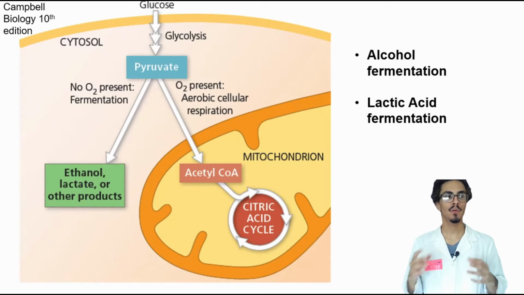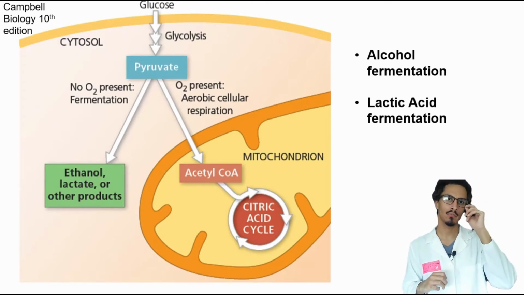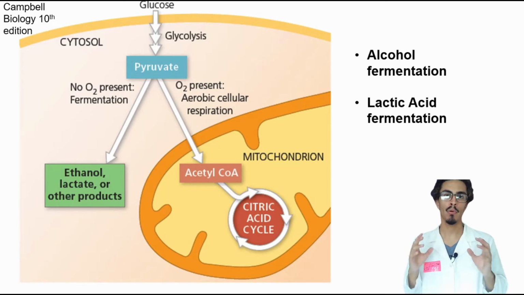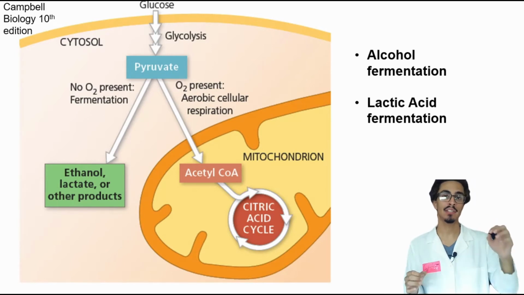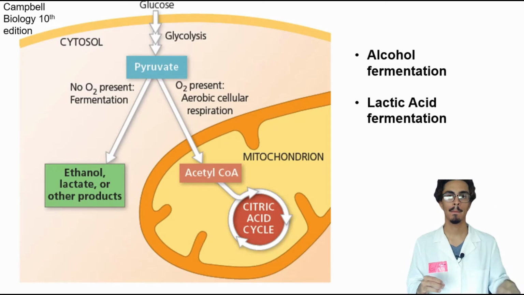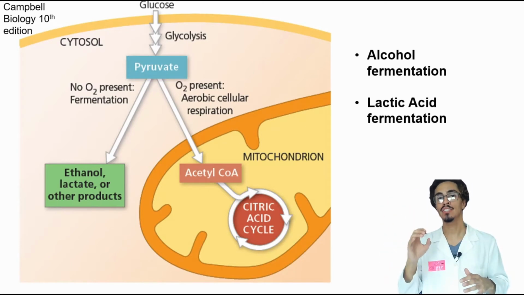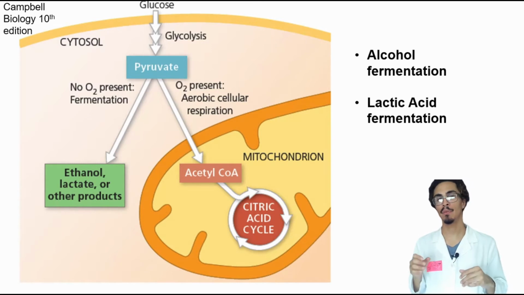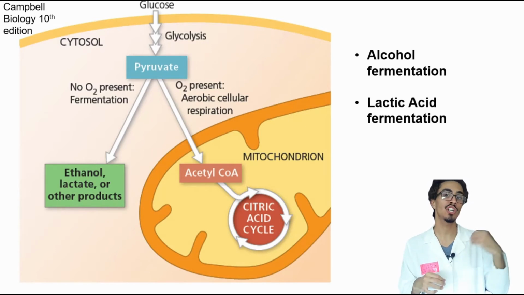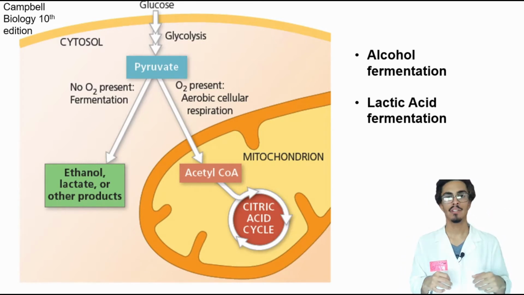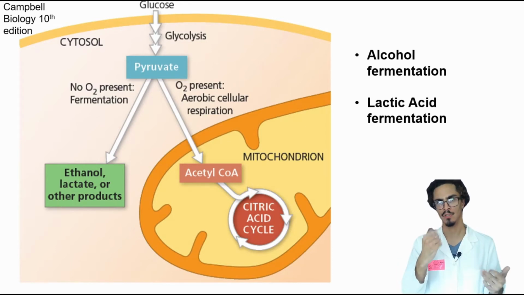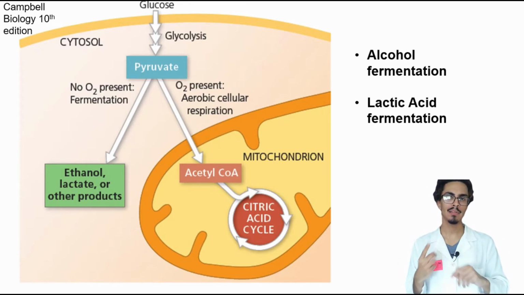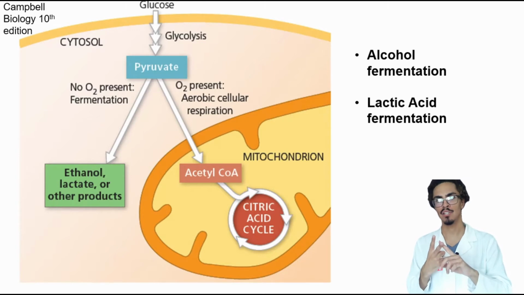So how does fermentation regenerate that NAD+ that's needed for glycolysis? Remember, glycolysis is an important part of fermentation because it generates the energy for the cell. Well, after glycolysis, there's a series of chemical reactions that vary depending on the type of fermentation that will actually regenerate the NAD+. Today I will only be talking about 2 types of fermentation: alcohol fermentation and lactic acid fermentation.